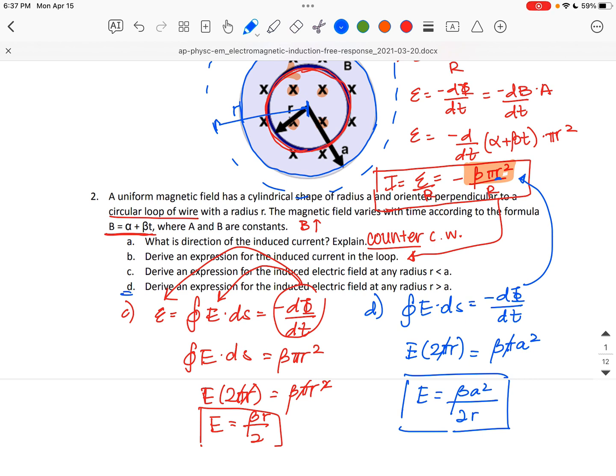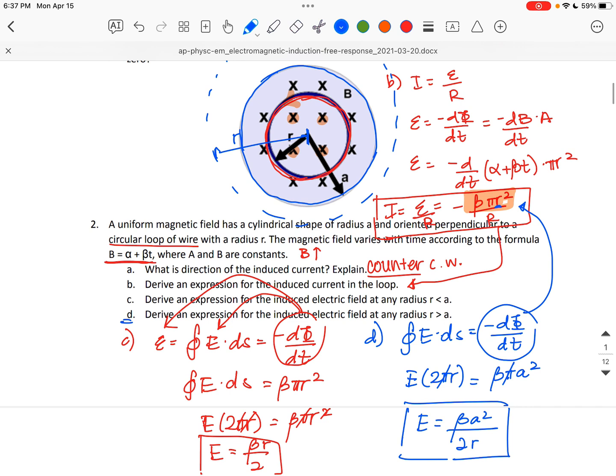So remember, if we're looking at the change in flux over time, even if the loop is outside of the magnetic field, you only have as much magnetic field as is present, so that would be the full radius of a squared.